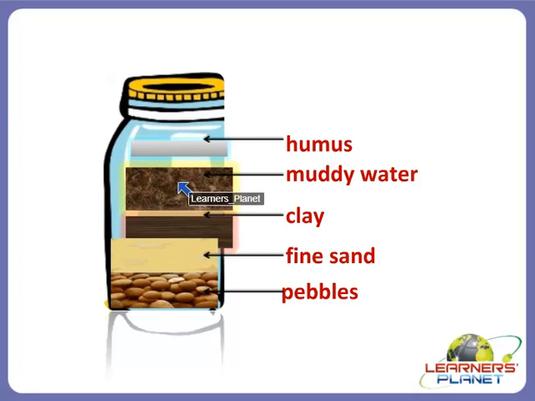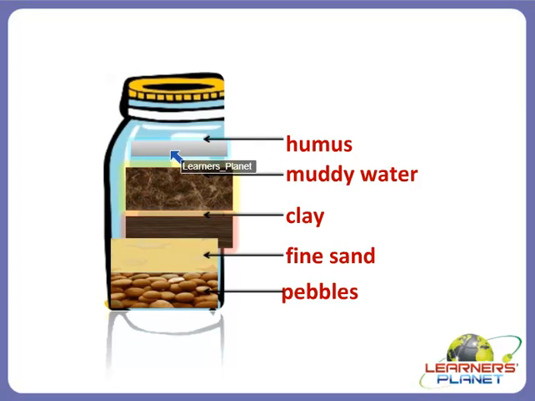Then above the layer of clay, there was muddy water, and above the layer of muddy water, what was there? Humus.